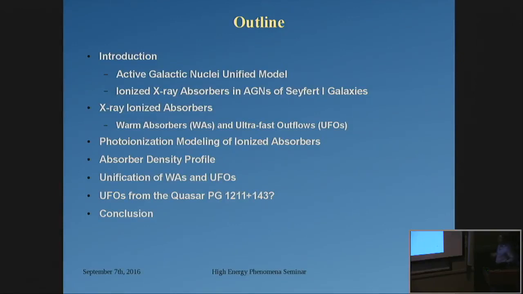And I will explain how we can constrain the physical conditions of the ionized absorber using photoionization modeling. I will also talk about the possibility of unifying the warm absorber and the ultra-fast outflow using a unique density profile. And I will present the latest result of our group with the recent Chandra grating observation of PG1211.